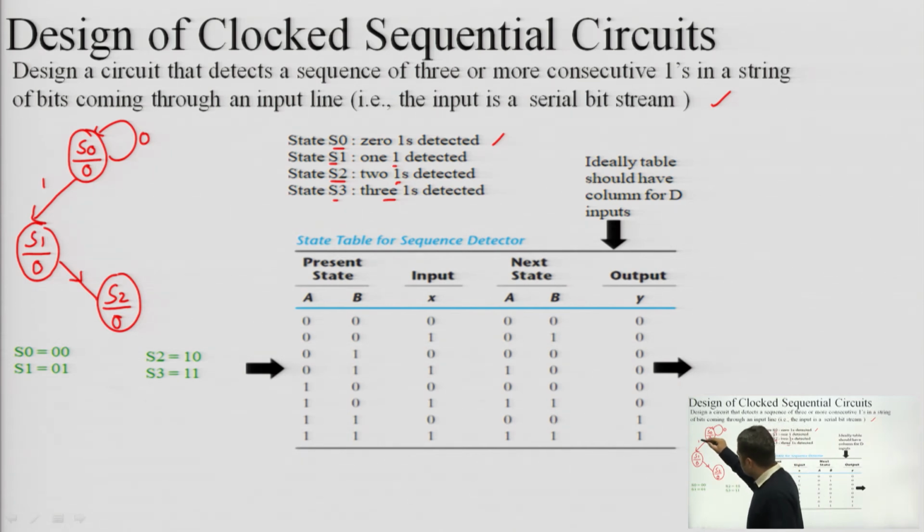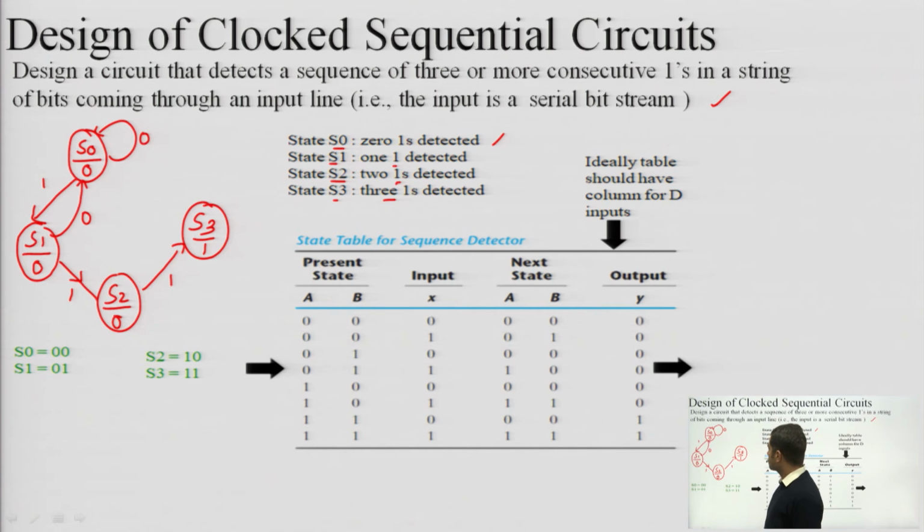So if 1 is there, but after 1 the input value is 0, then I have to go back to 0 state. Okay. But if it is 1, then I will proceed to S2. Then from S2, if there is a third one, then I will reach S3, and now my output can be 1. Okay. But if after 2 ones I get a 0, then I have to restart.